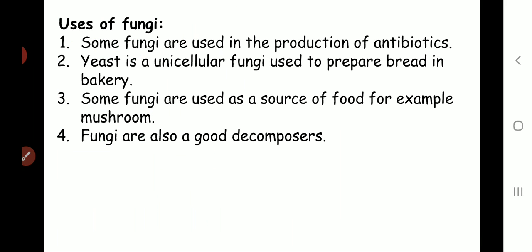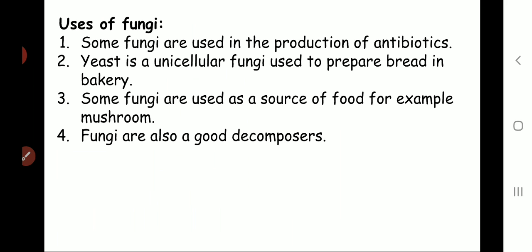Then uses of fungi. Some fungi are used in the production of antibiotics. For example, penicillin. That is the antibiotic which is obtained from Penicillium notatum. That is the organism from which the penicillin antibiotic is extracted. Second point, yeast is a unicellular fungi used to prepare bread in bakeries.